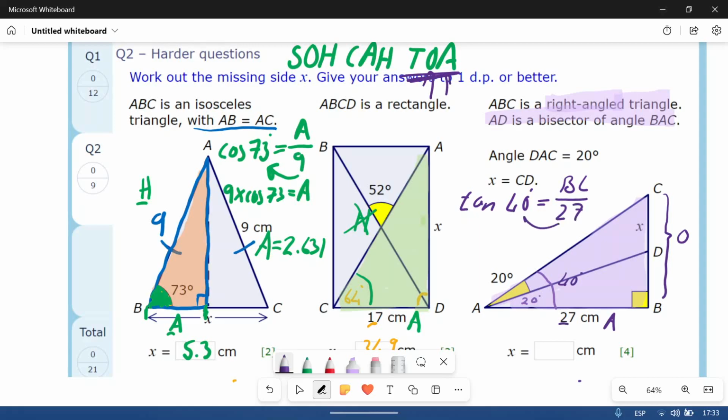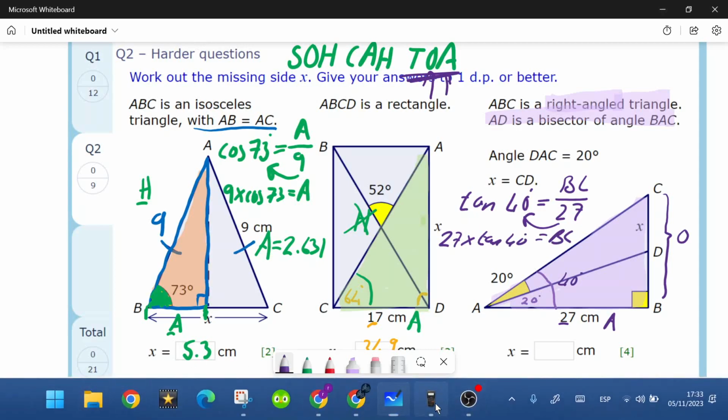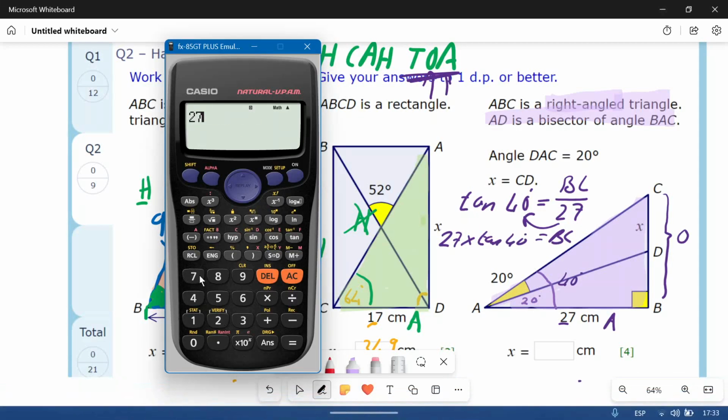So again, we need to multiply that on the other side. 27 times tan 40 will give us BC. Let's do that. 27 times tan 40 gives 22.655.